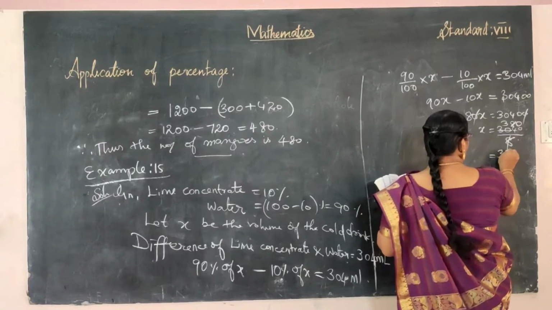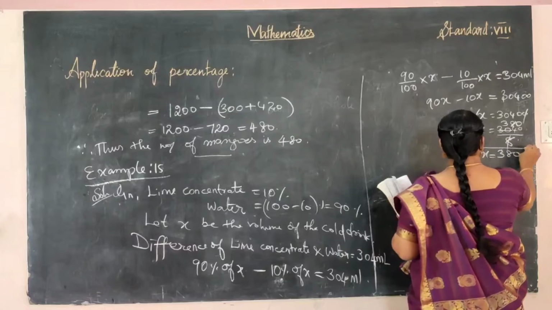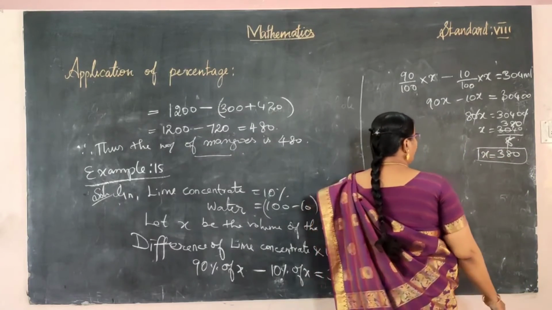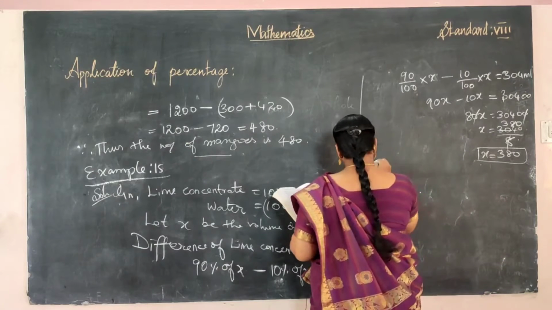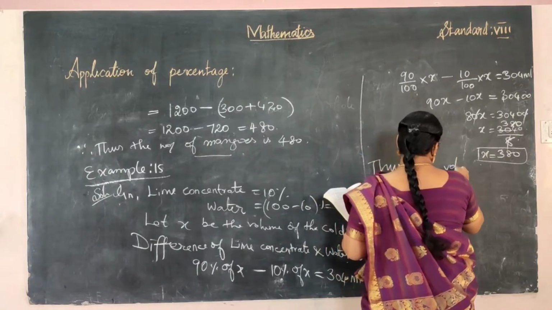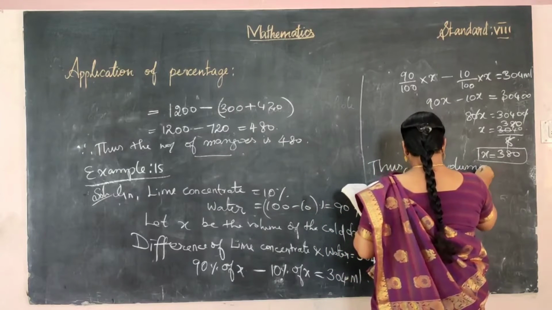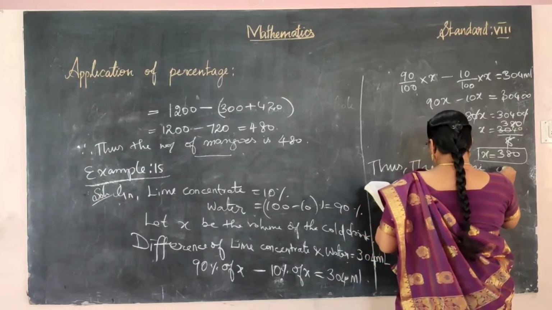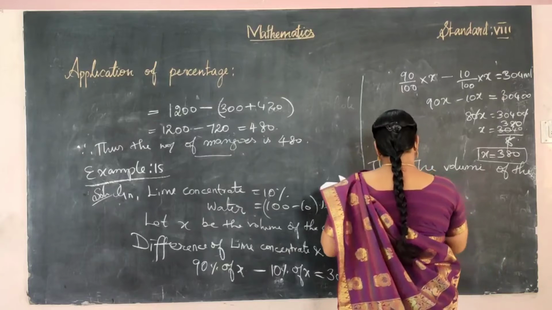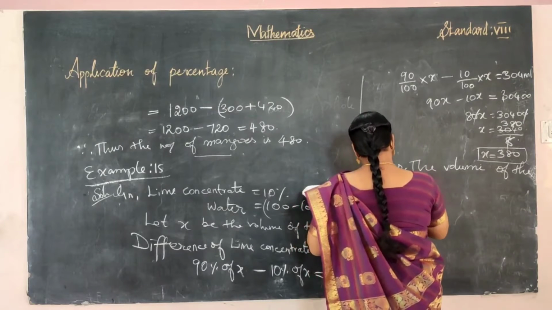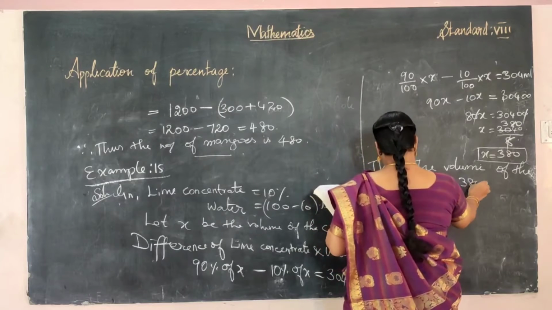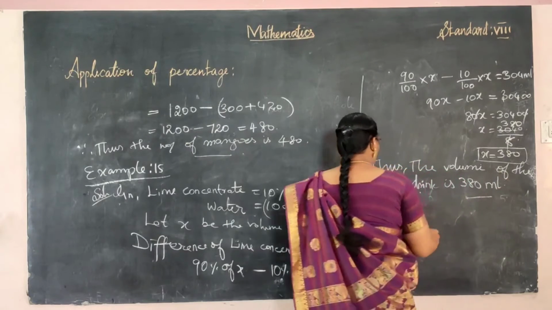So 380. So x, the volume of the whole drink, is 380 milliliter. Thus the volume of the cold drink is 380 milliliter. Right, finish.